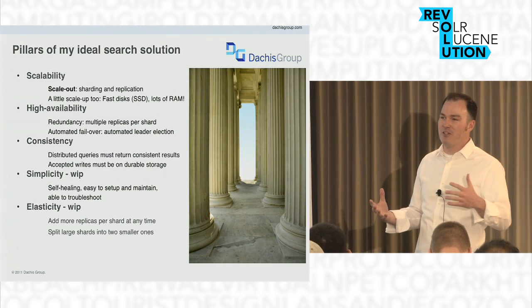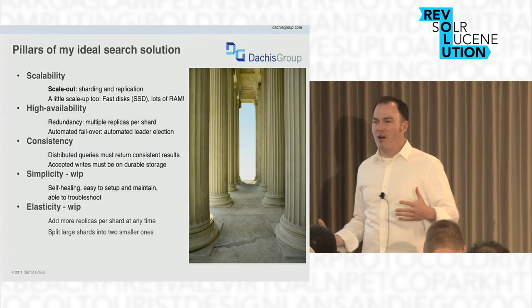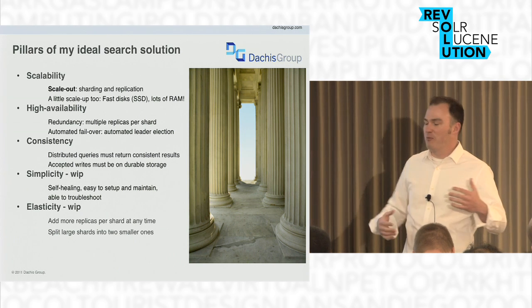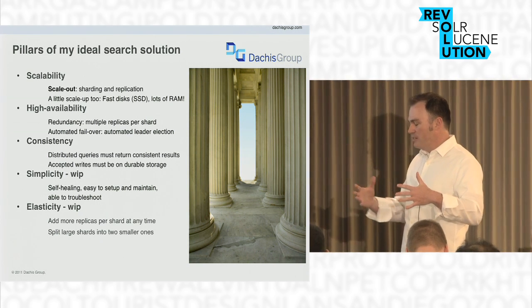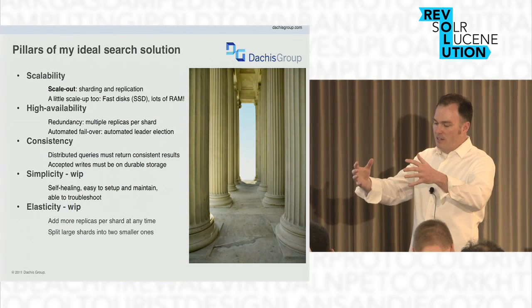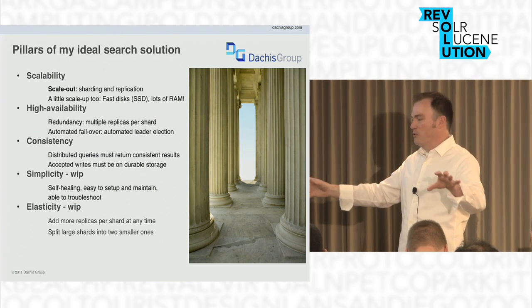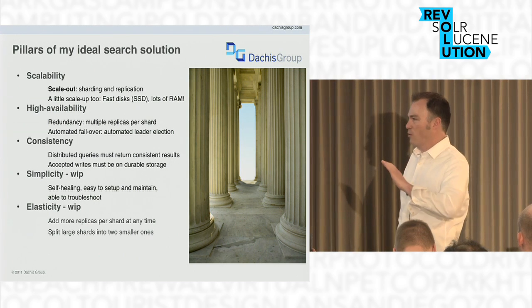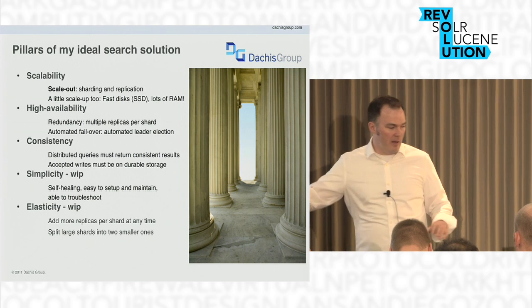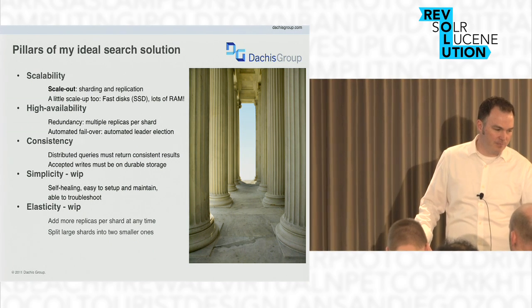But now that we have 600 million docs, it's a lot harder problem than it was 300 million docs ago. So this ability to take a large shard and split it into two smaller ones, coming in 4.3, which is soon, I think is a great leap forward for Solr and being able to be more elastic.